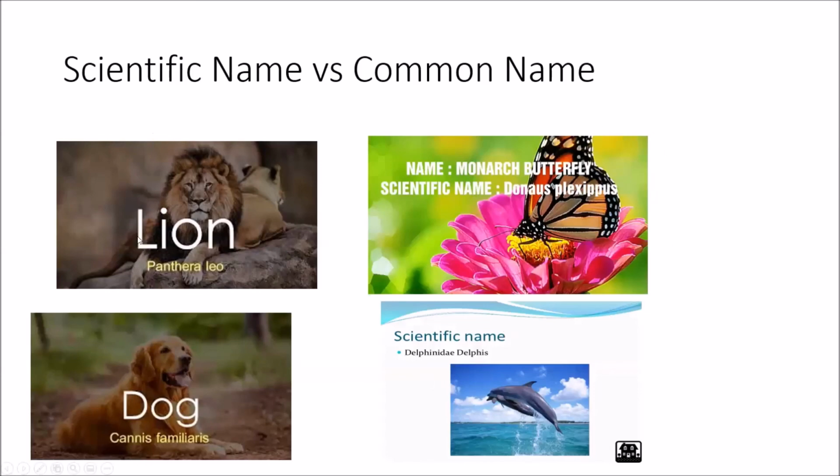Usually when we look at an animal or a plant or any living thing, we usually refer to them by their common names. But when you're trying to name millions and millions of different organisms, the reason why you can't continue to use a common name is because eventually you're going to start confusing things.